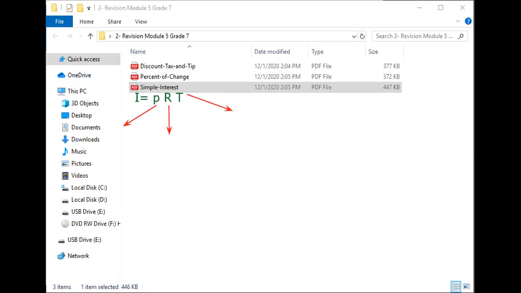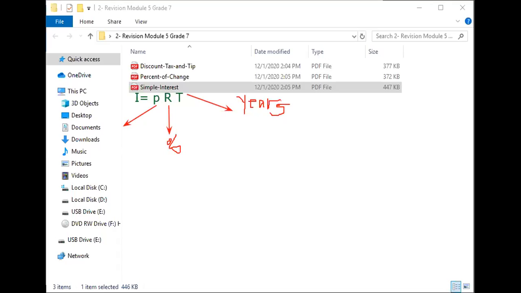By decimal form, right? So this one should be percent, and we are going to change it into decimal form. And what about T? T should be per what? Per years. What if they give you the information per month? What do we have to do? Over 12. Thank you, Abdurrahman.